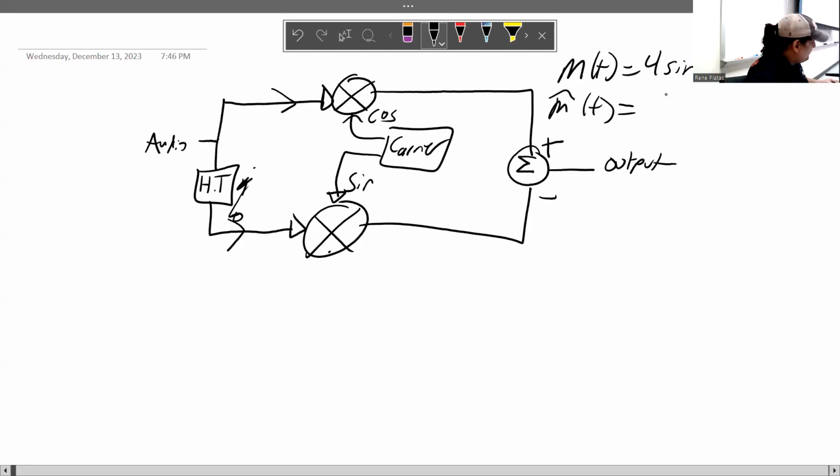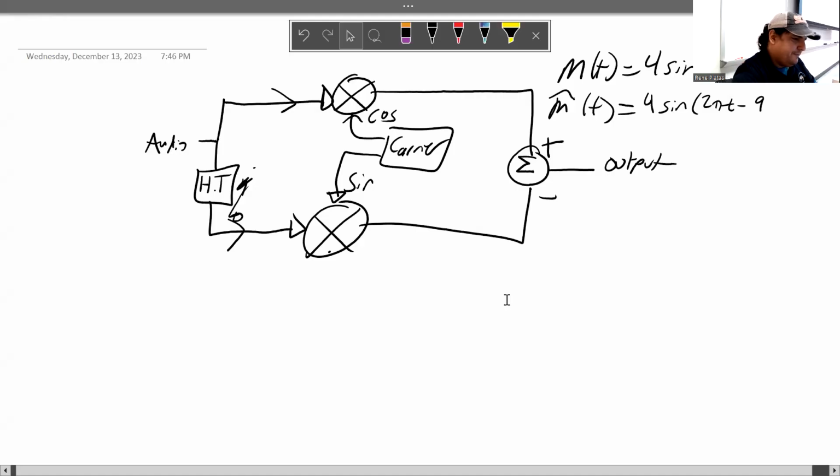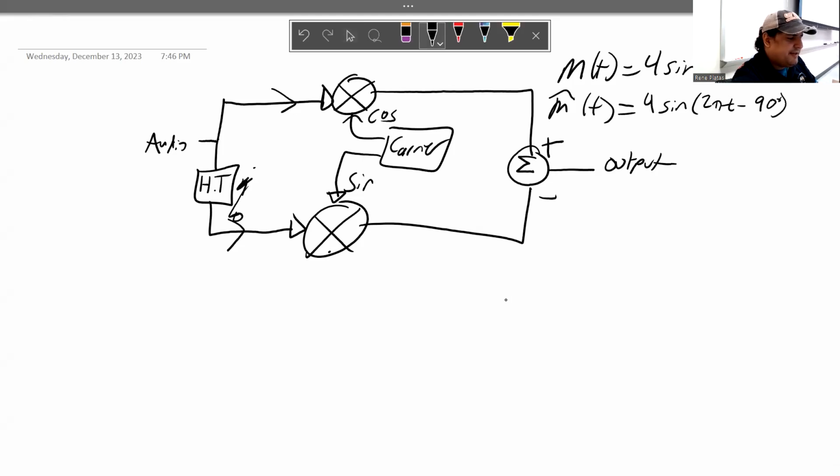It's the same as the normal message signal, however, you have to subtract 90 degrees.